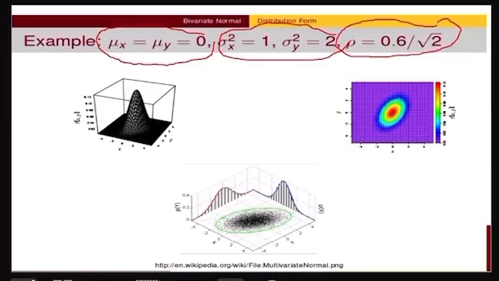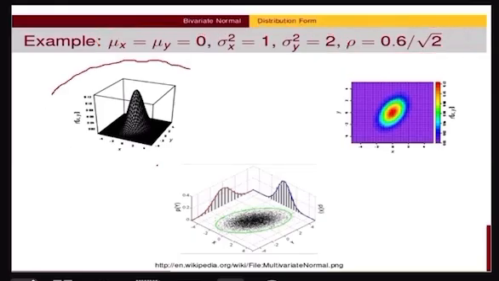What is going to determine the shape of this particular plot is the difference in variances and the correlation between them. Now I'm going to start from the surface plot. This guy, please pay attention. I want to explain that.